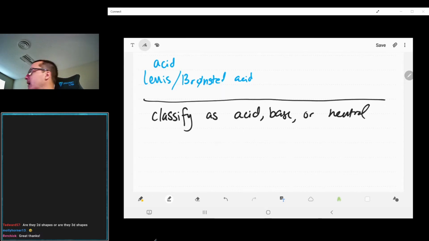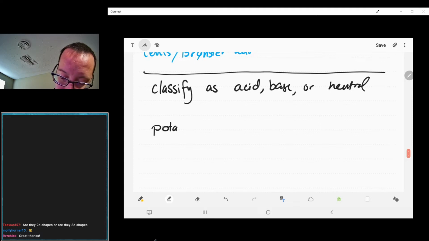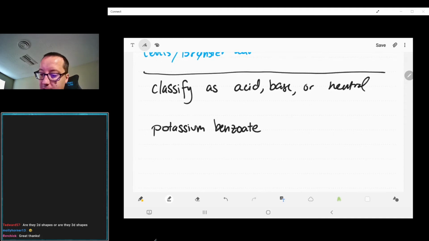Okay, let's go ahead and take a couple of examples here. Let's look at potassium benzoate. Let's look at what else do we have.